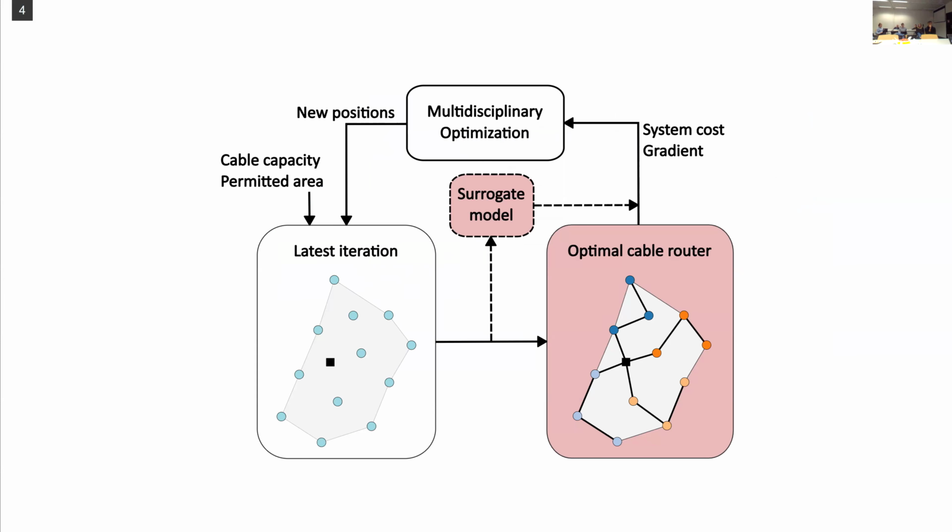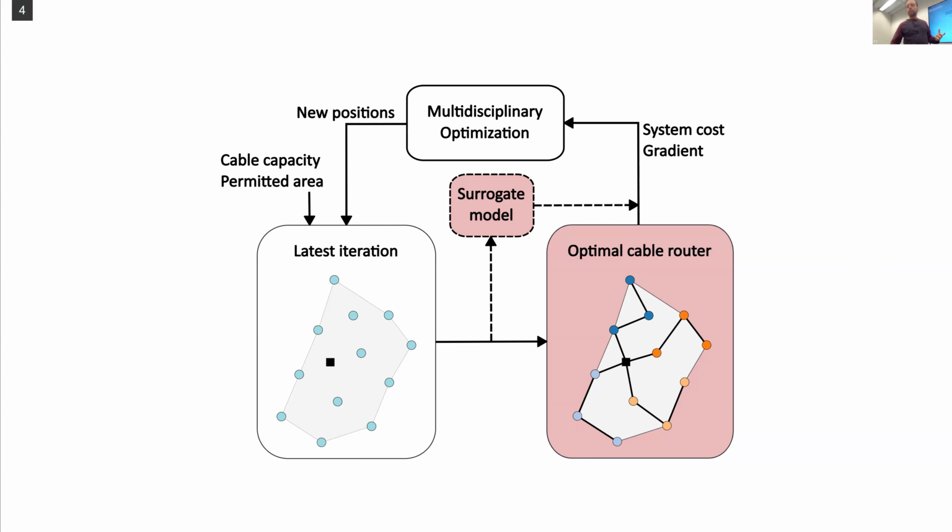So that's the setup. You are optimizing several disciplines together, looking at foundation costs, looking at types of turbines you can use, length of the blades. And at each iteration of that optimization, you provide a new set of positions of wind turbines. And the idea of the system is to generate an optimal layout and give the cost for that layout.